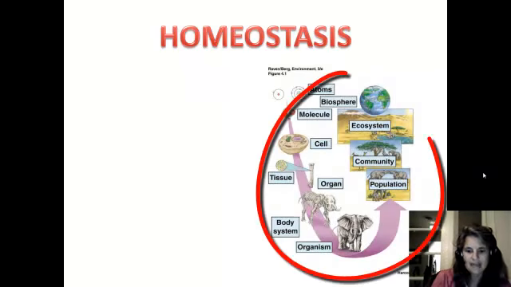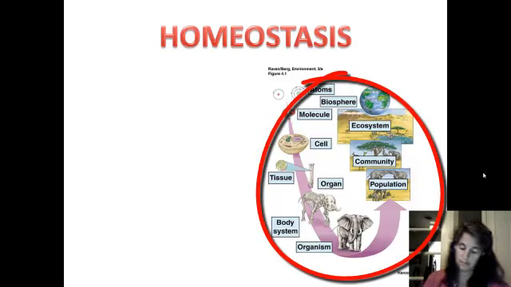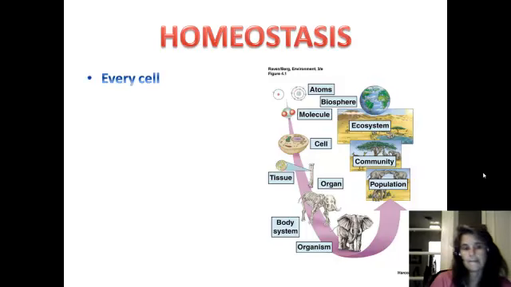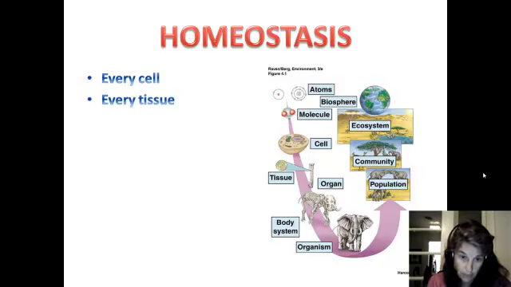Okay? So, summary, homeostasis. That is something you should be aware of from at least first year biology. It is the levels of organization in living systems. The most fundamental living thing you can have is a cell. Every tissue, many cells working together to do a common job.